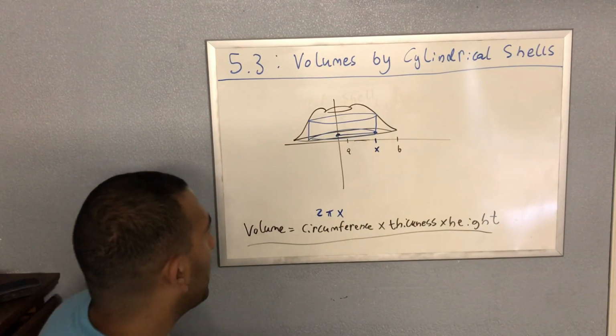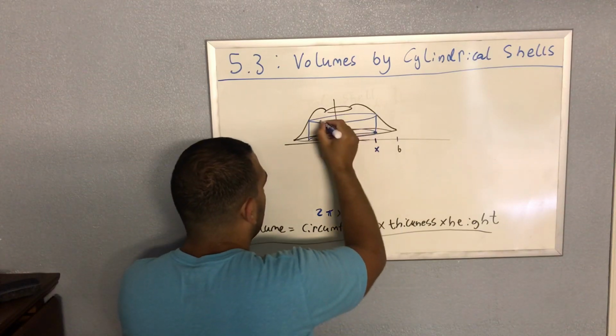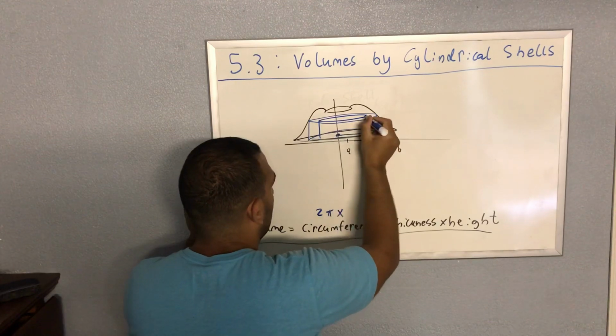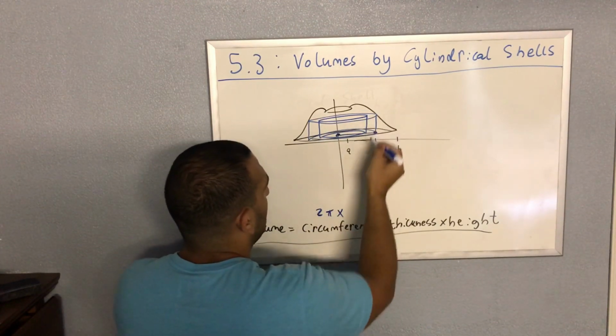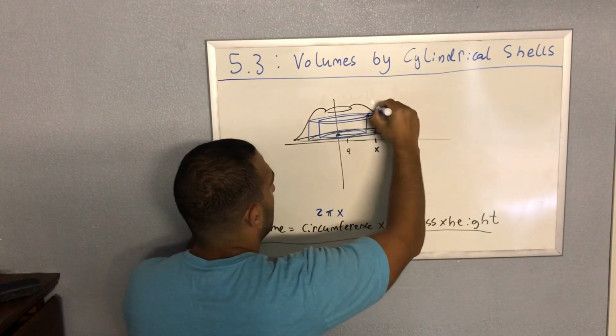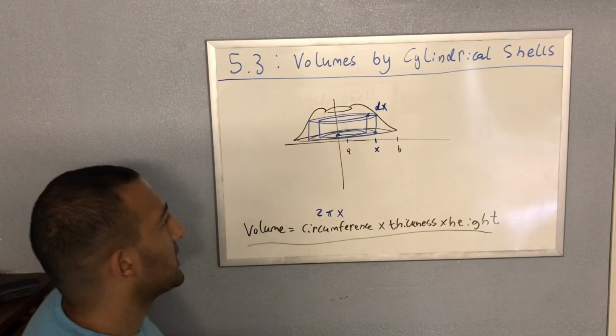And then the thickness. I haven't drawn it in a way that you can see a thickness, but it's going to be like this thing here. So it has some thickness from here to here, which again we're just going to call dx because it's going in the x direction.